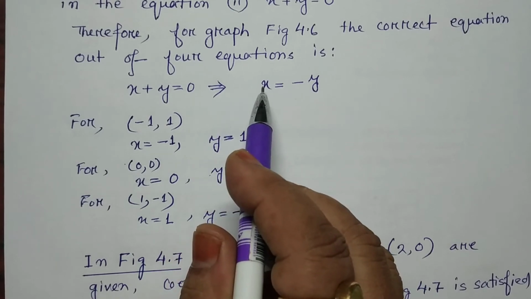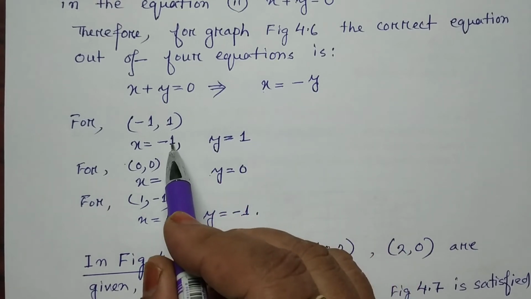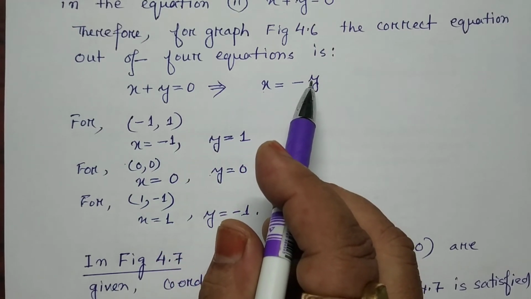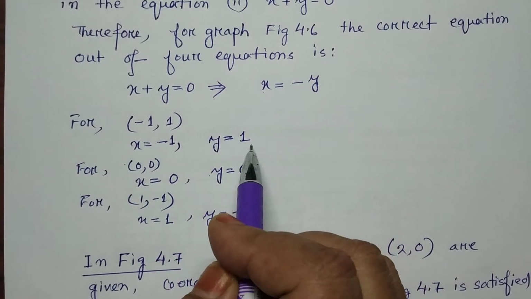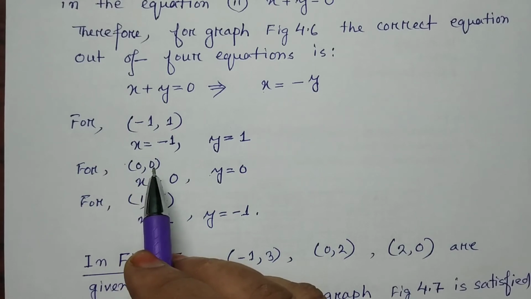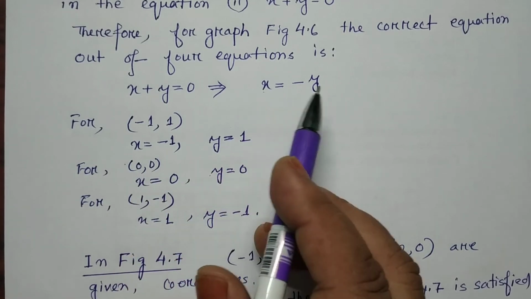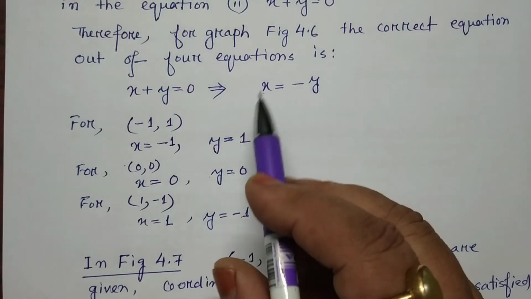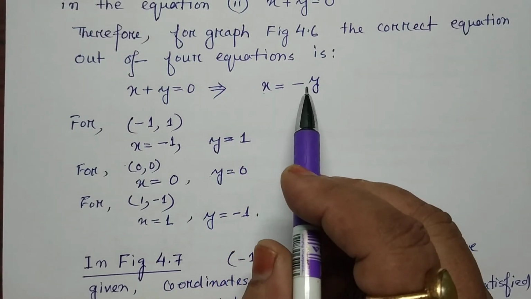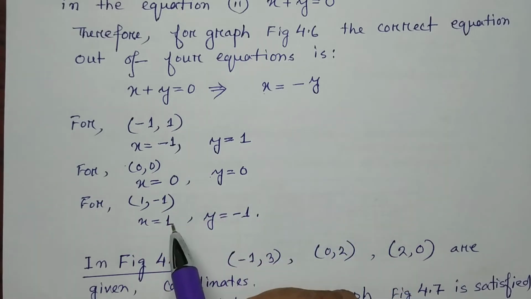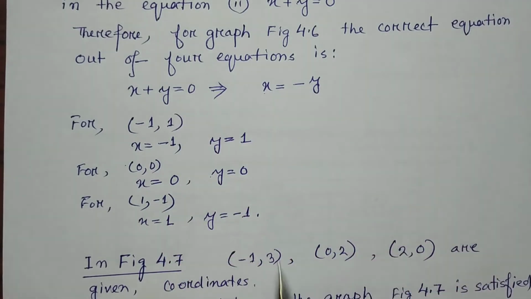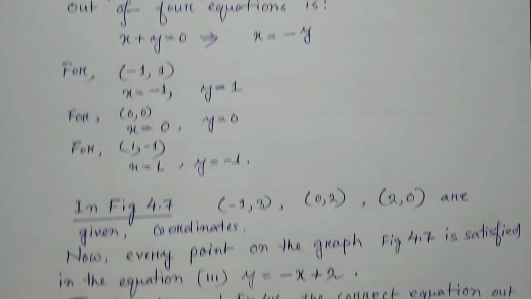And if we put (0, 0), x equal to 0, then y will be 0. And if we put x equal to 1, then y will be minus 1. Okay, so this equation is satisfied by these coordinates.